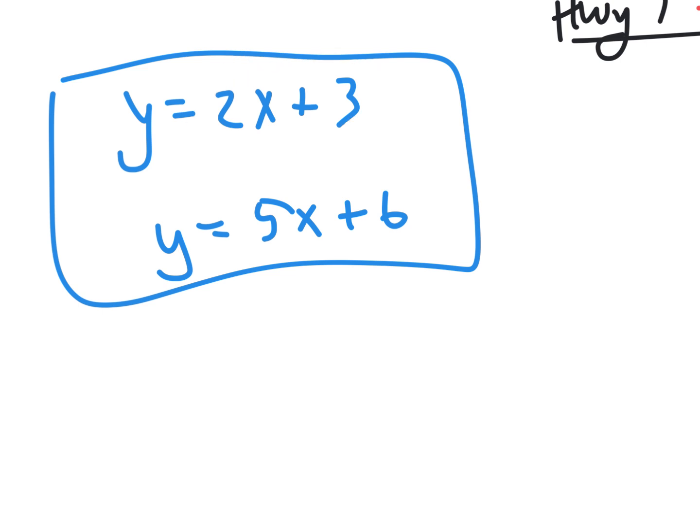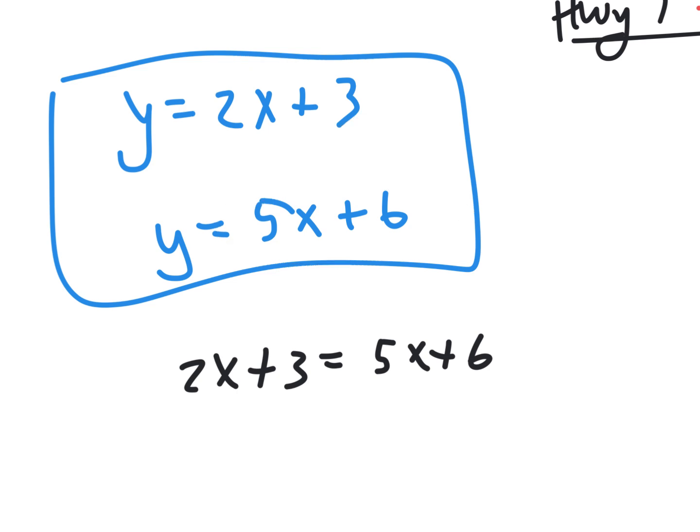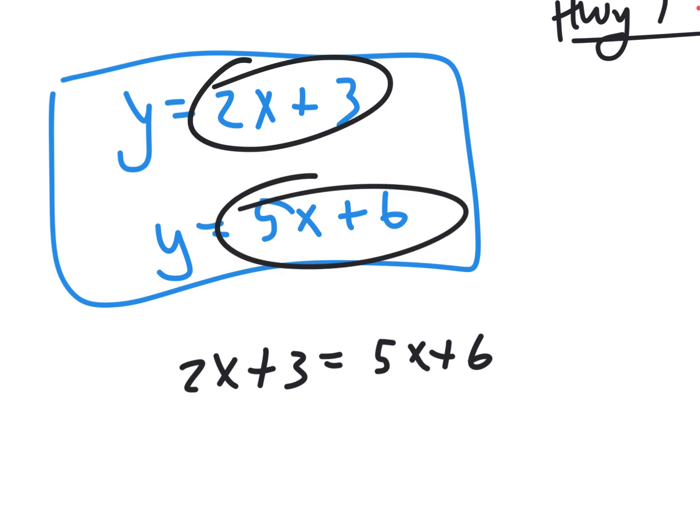Since this has to equal that, we can just put 2x plus 3 has to equal 5x plus 6. And we basically just get it down to just one variable, and then we can solve, right? Another way is to think of it as substitution and say, wherever I see y, I'm going to put 2x plus 3.